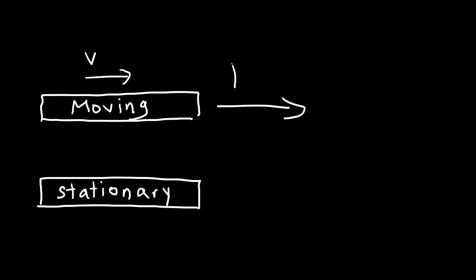Here's another example. Let's say you have a stationary plate. So this plate is fixed in its position, it doesn't move. And above it, you have a moving plate. And in order to move it at constant speed, you need to pull it with a force.